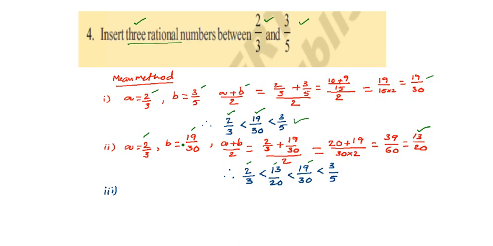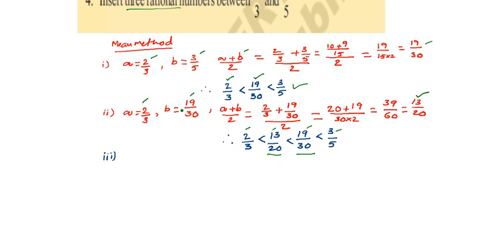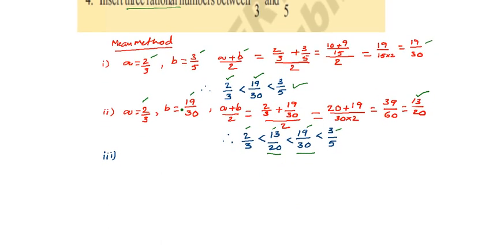Now you observe here how many rational numbers are inserted between 2 by 3 and 3 by 5. 2. What are those two? 13 by 20 and 19 by 30. Now one more we require. As per the question, we require 3 rational numbers. Now what do you take in the third step?